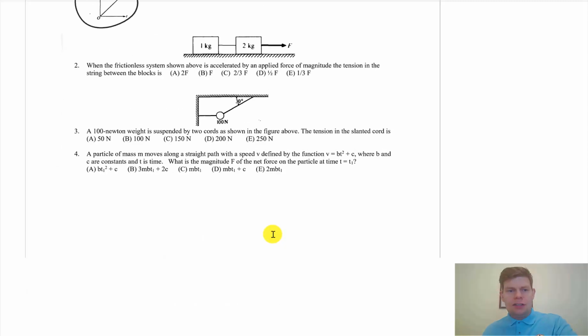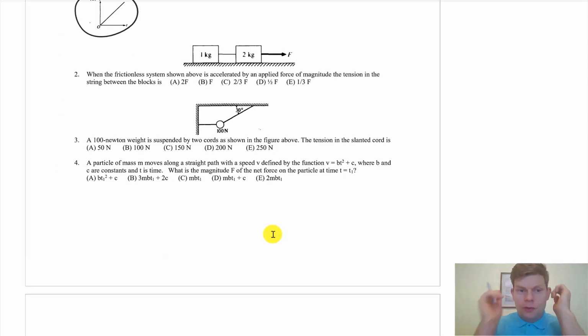All right, let's take a look at this sucker. We've got this frictionless system shown above, accelerated by an applied force of magnitude F. The tension of the string between the blocks is... This isn't too bad. There's a couple ways you can look at this.